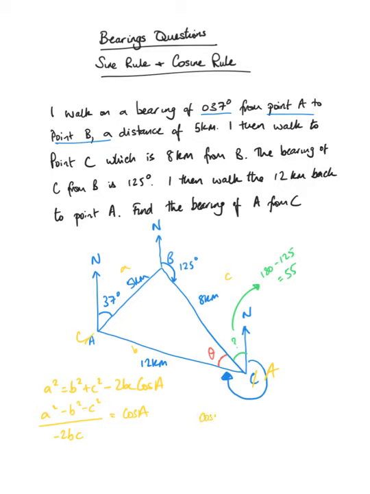So cos A is equal to 5 squared minus 8 squared minus 12 squared over minus 2 times 8 times 12. And then when you find the inverse cos, that's going to give this angle here 17.6 degrees. So then the answer to the question, the bearing, is 287 degrees to three significant figures, just by subtracting 55 and 17.6 from 360.